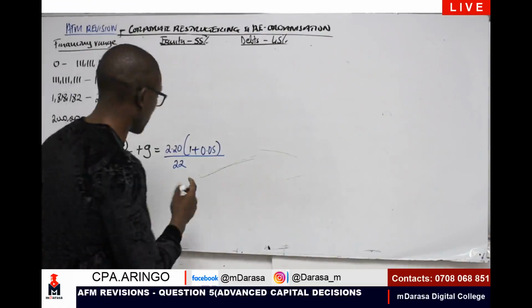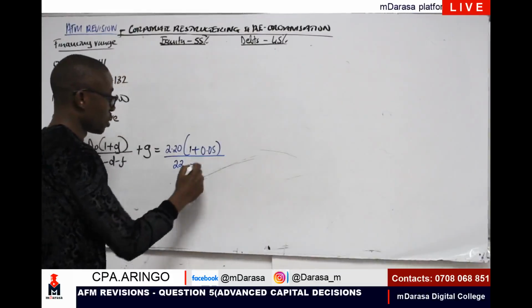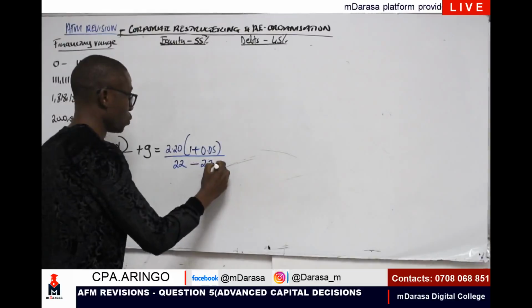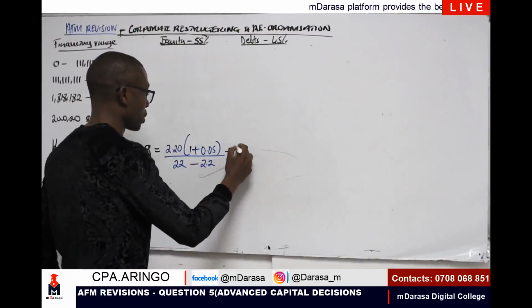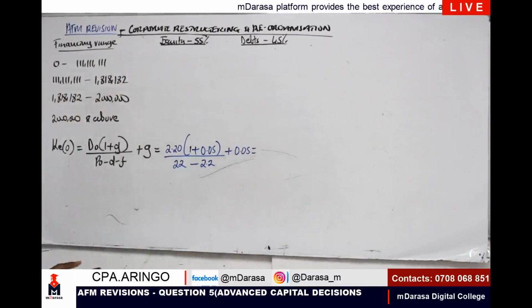So 10% of 22, that is 2.2, plus our growth rate, which is 0.05. So that should give us what? If you work it out, what should that give you, my good students?